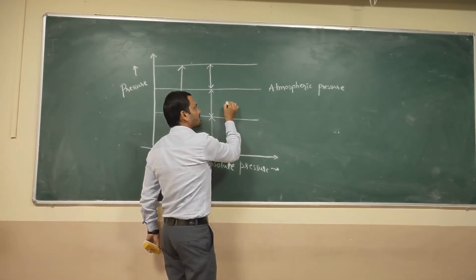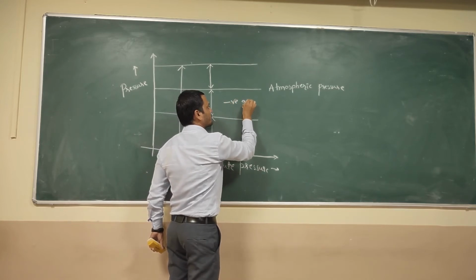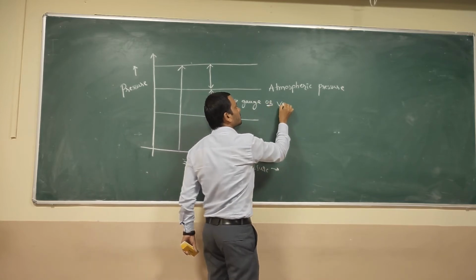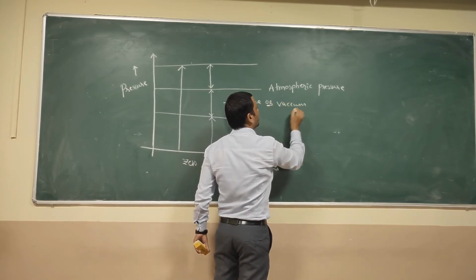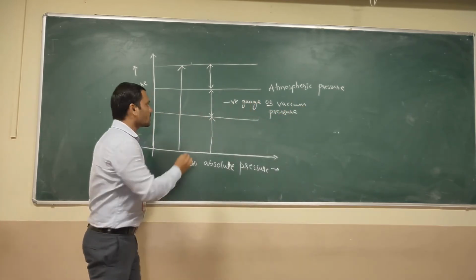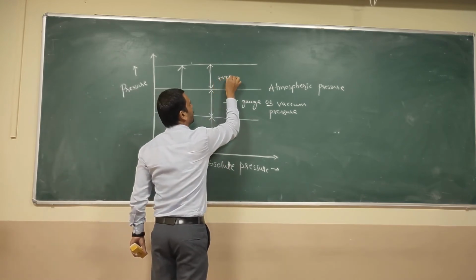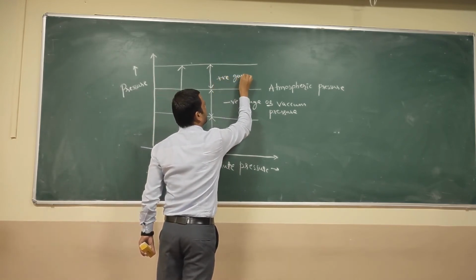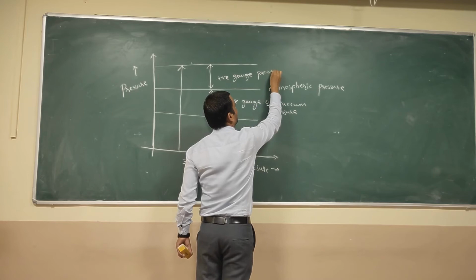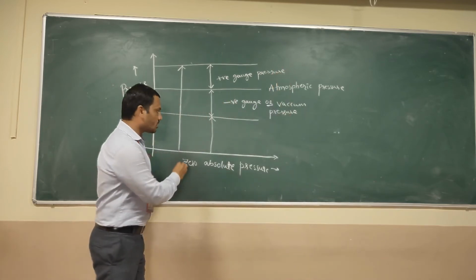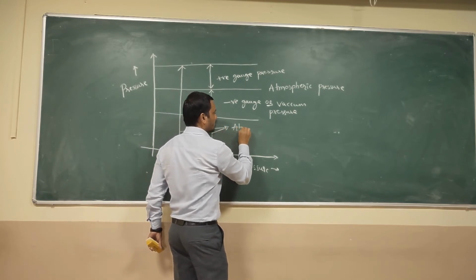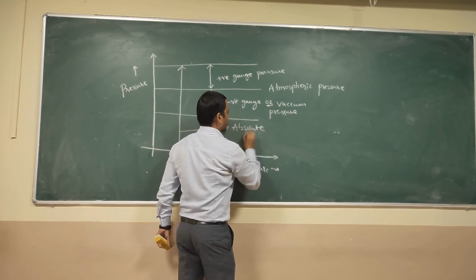This region we call the negative gauge or vacuum gauge pressure. This region we call the positive gauge pressure. This region we call the absolute pressure.